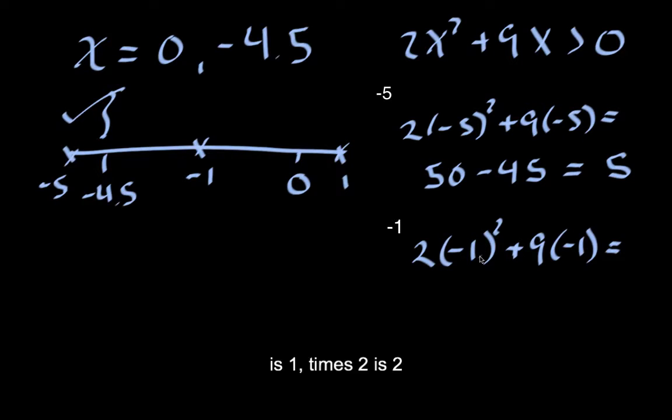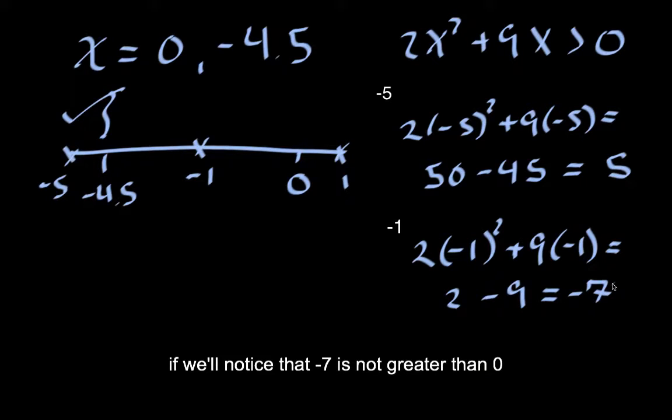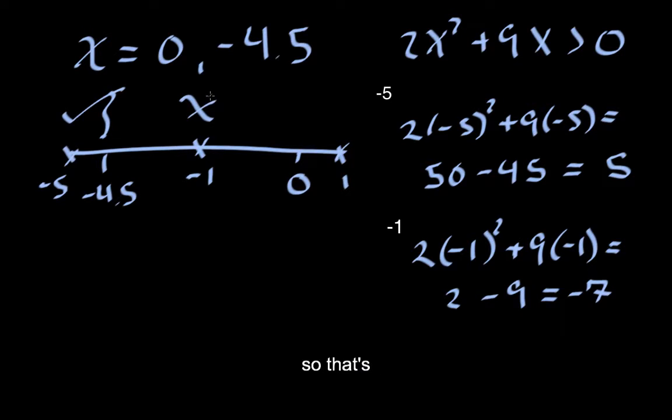Negative 1 squared is 1, times 2 is 2. 9 times negative 1 is negative 9, so this equals negative 7. If we'll notice that negative 7 is not greater than 0, so that's not a good interval to use.